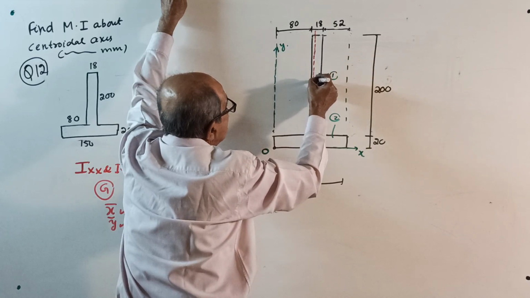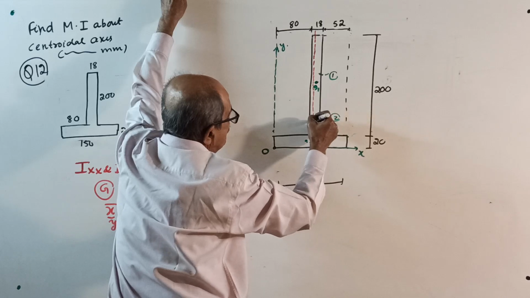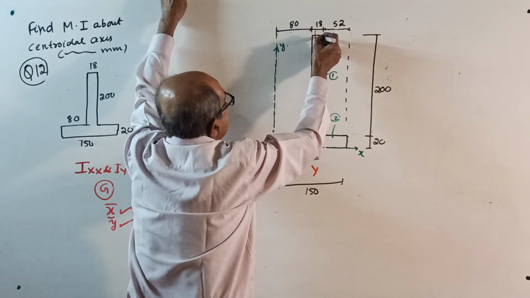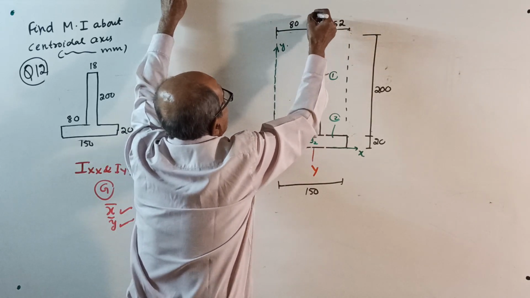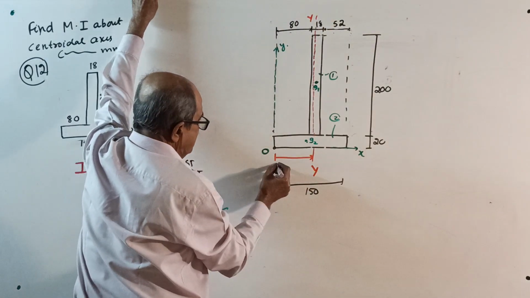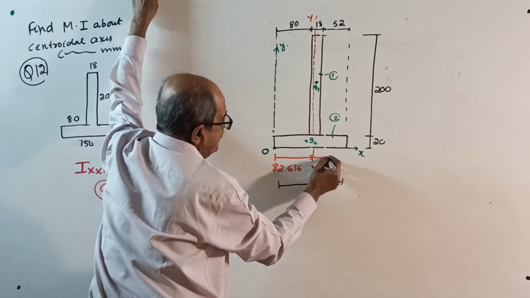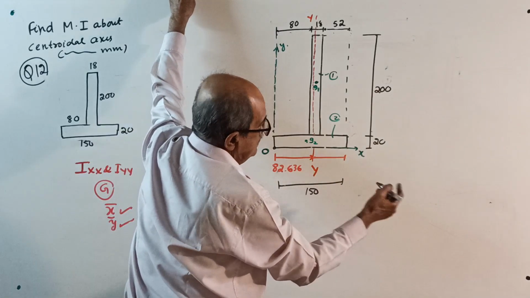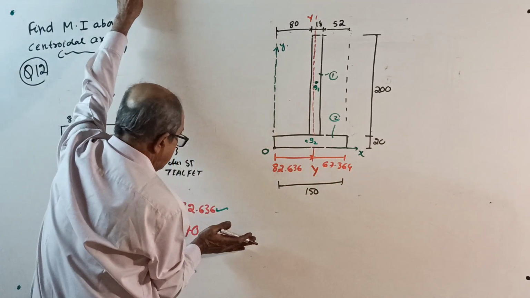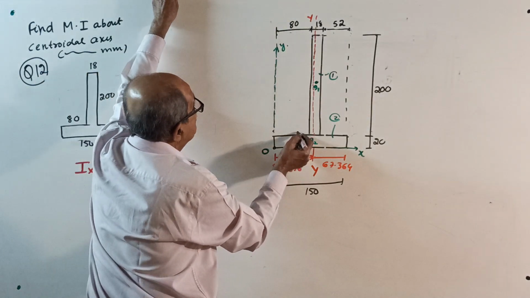Here there is a space problem. I will bring it as close as possible. This is your YY axis. From here to here is 82.636. Then from here, out of total 150, it will be 67.364. Y bar you got, by chance a round number, 70: 20 plus another 50.